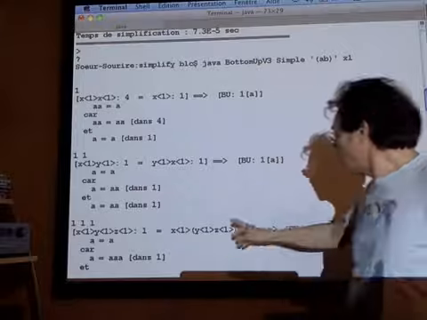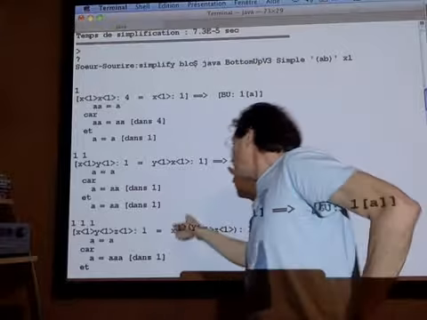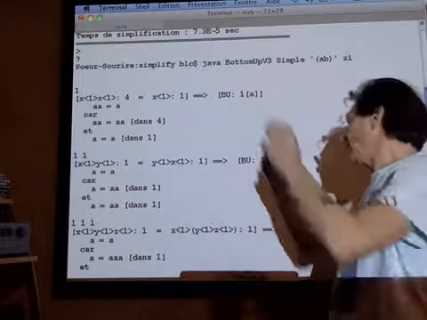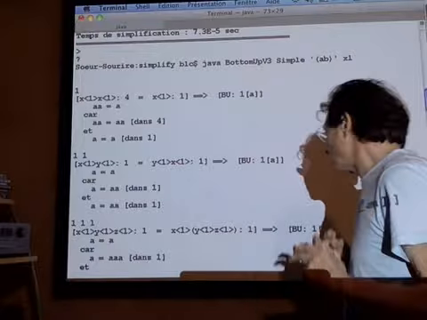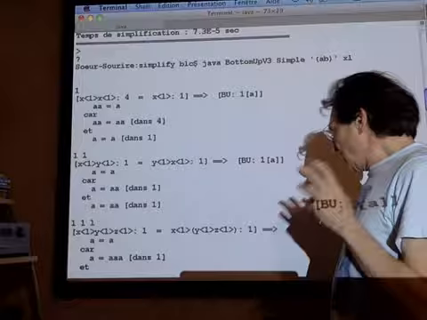And then for each axiom, we will unify the two sets. We will put the two sets together. And this will reduce the number of sets. And also, it will rename some structures.